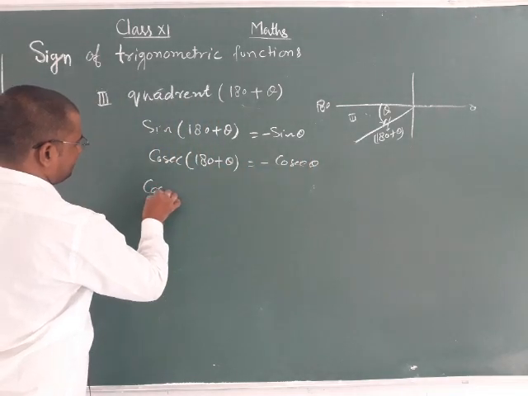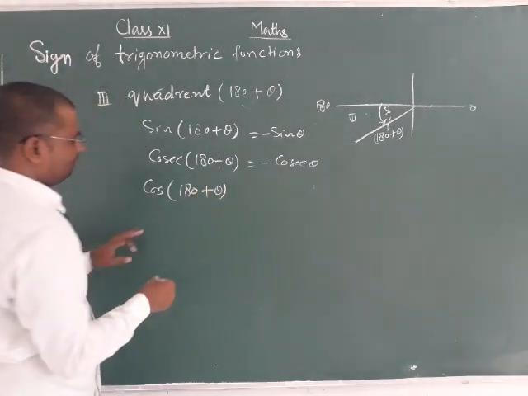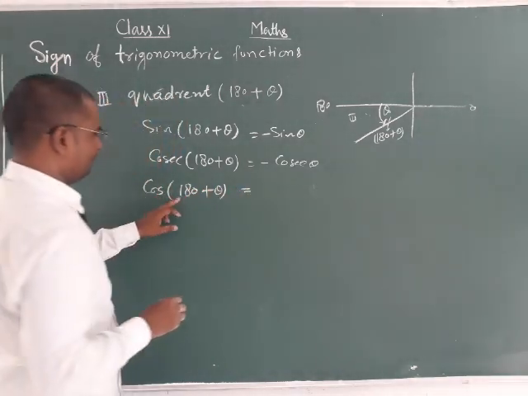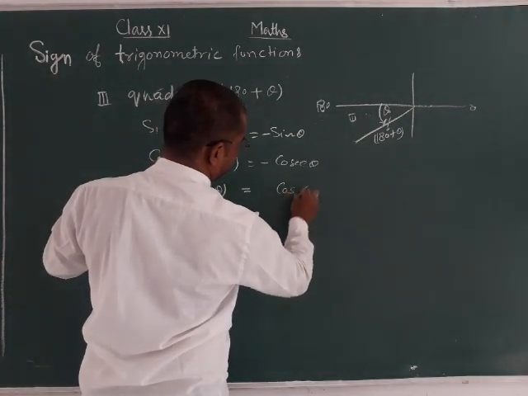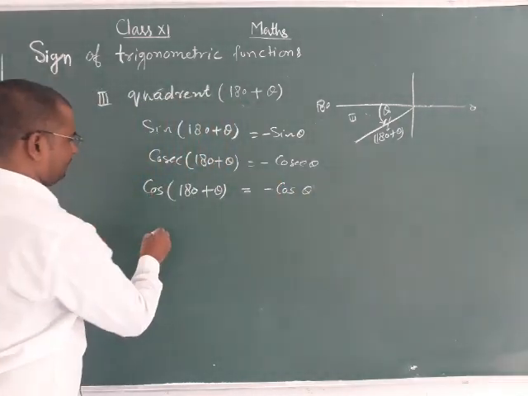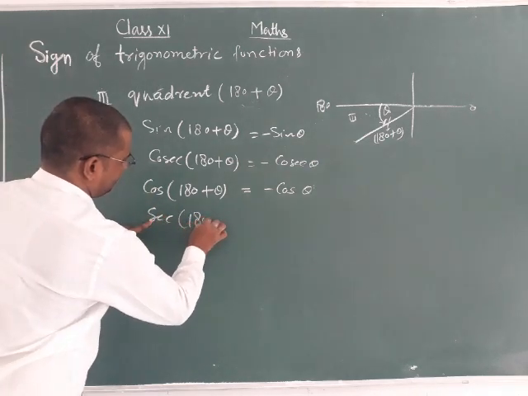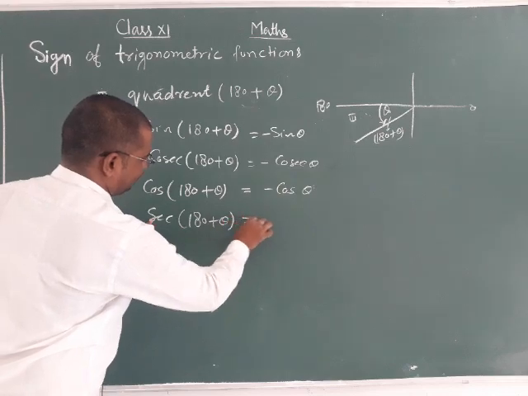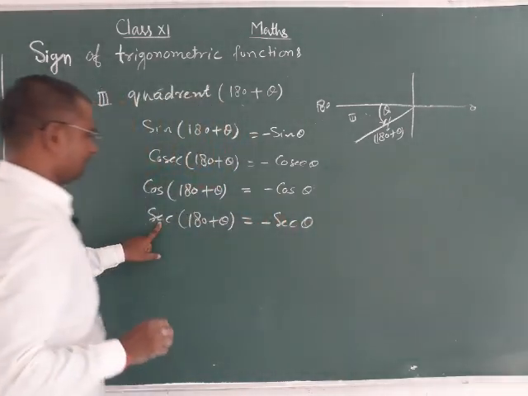Cos(180 plus theta) is negative cos theta, and sec(180 plus theta) is negative sec theta.